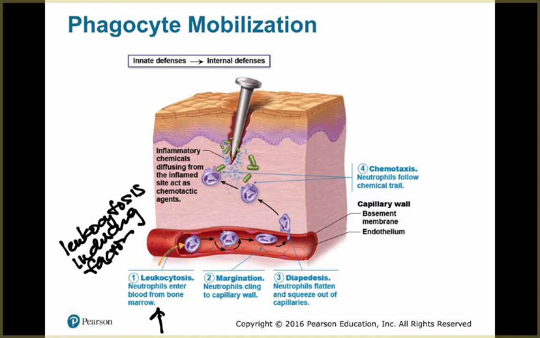Next, what you're going to have is margination. This is a process where the neutrophils are going to cling to those capillary walls.